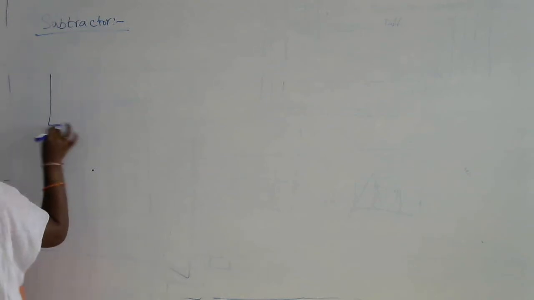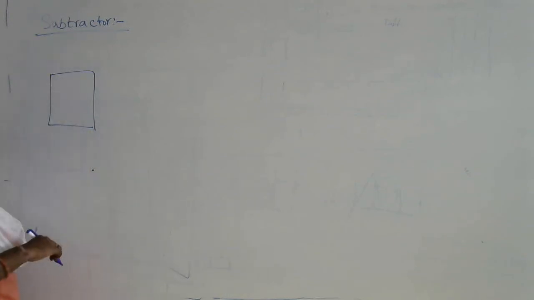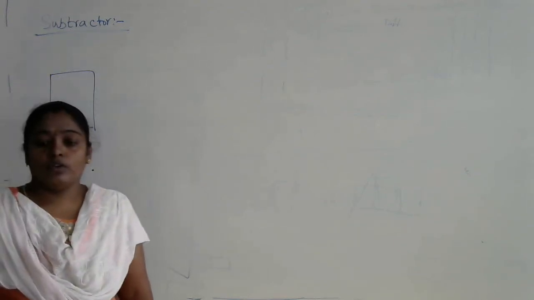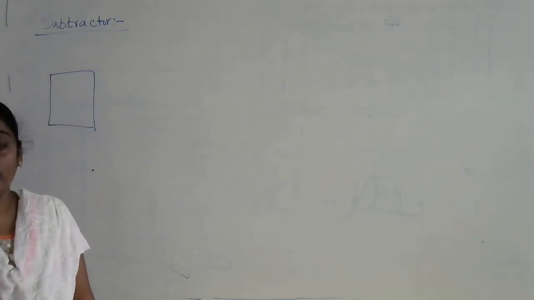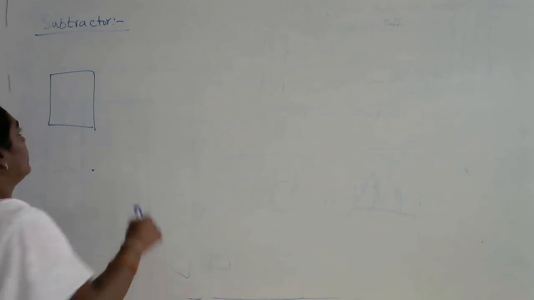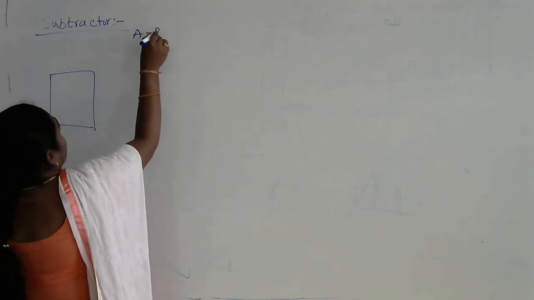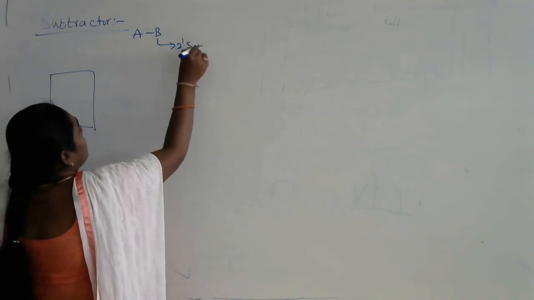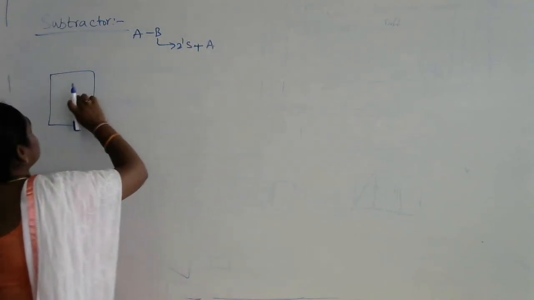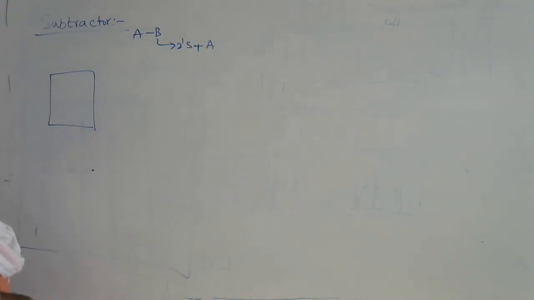Here I am taking full adder circuits. Even though we are performing a subtraction operation, A minus B is nothing but taking the 2's complement of B and adding A. That is the reason that even though we are performing a subtraction, internally we are performing an addition operation.